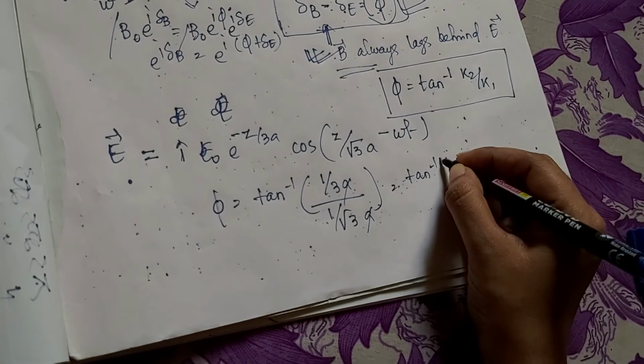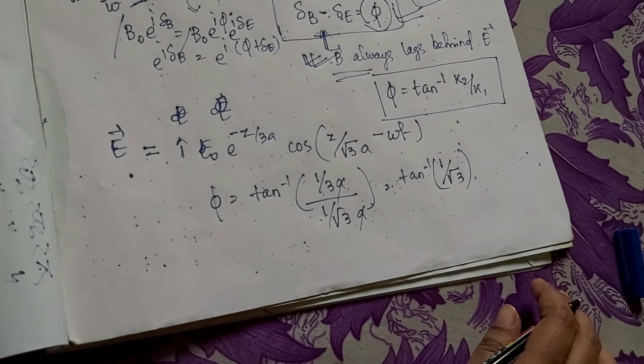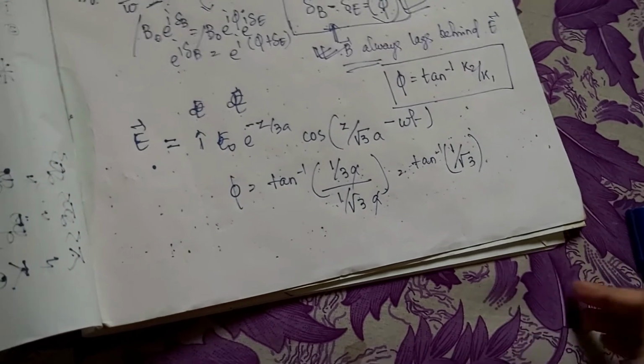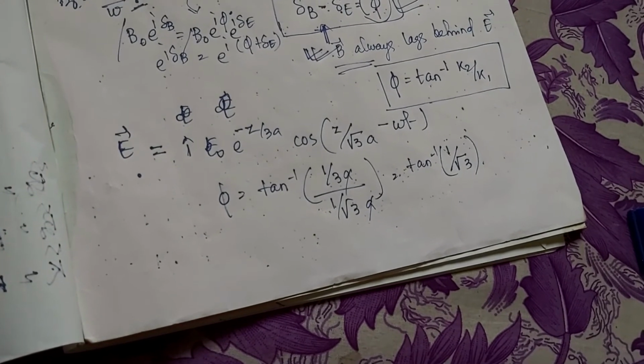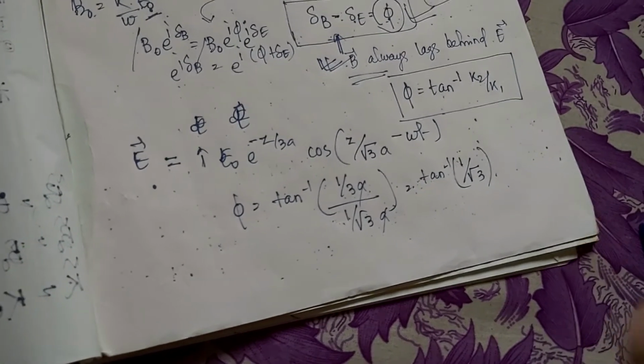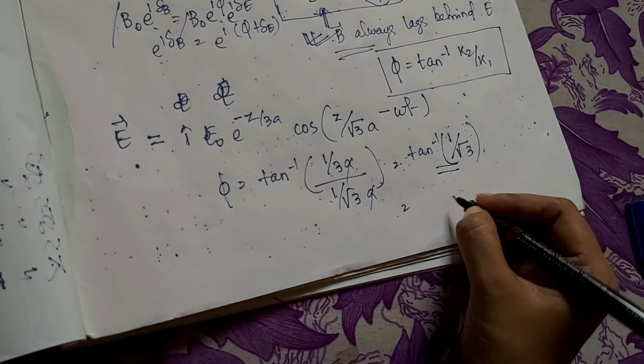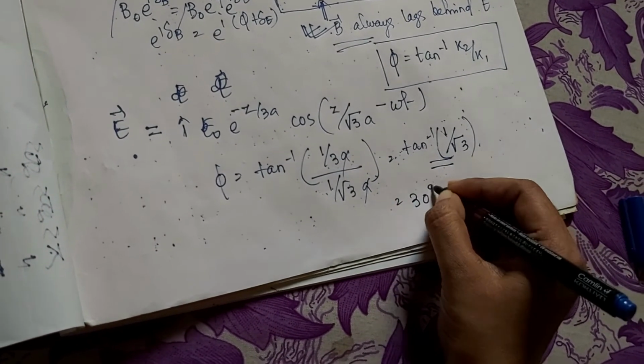Okay, so this becomes 1 by root 3. So this is nothing but tan inverse 1 by root 3, which is equal to 30 degrees.